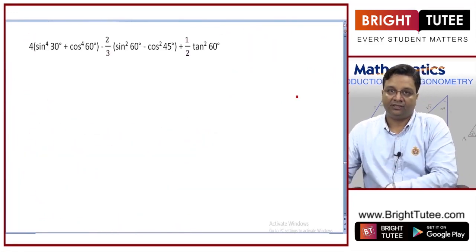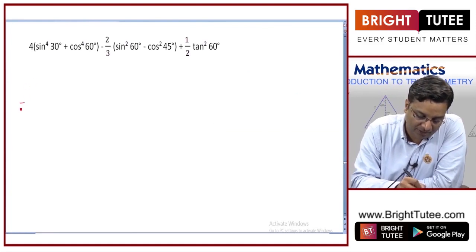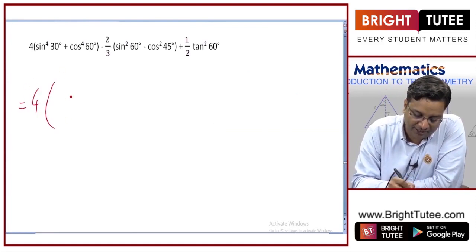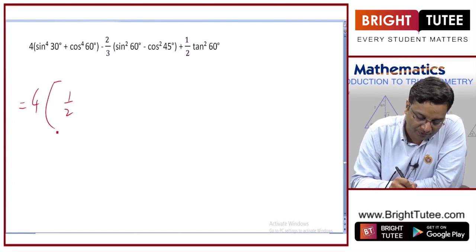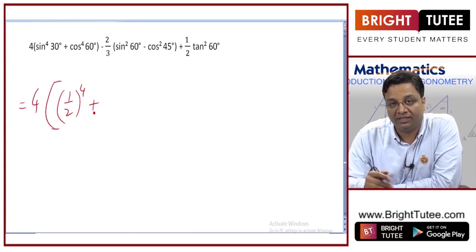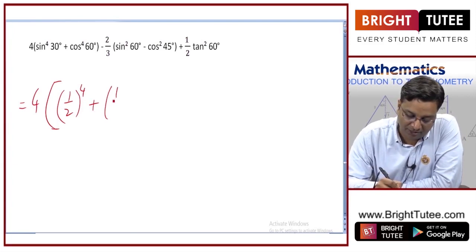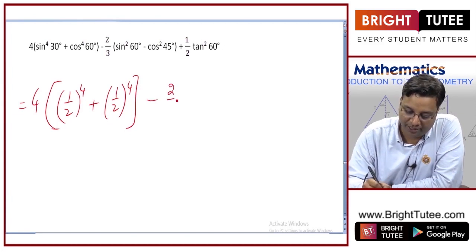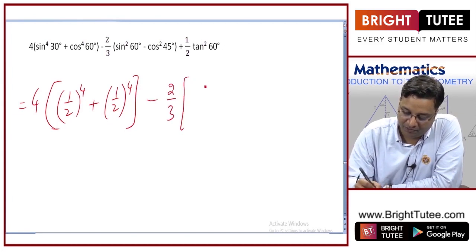Again a similar question. You simply put the values and do the calculation. 4. What is sin 30? It is 1 by 2. 1 by 2 raised to power 4 minus plus. What is cos 60? Cos 60 is again 1 by 2. So 1 by 2 raised to power 4 minus 2 by 3. What is sin 60?